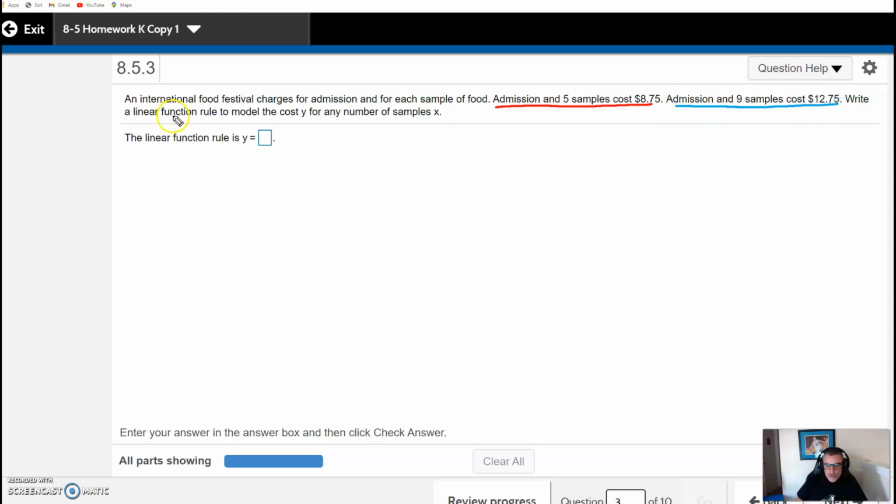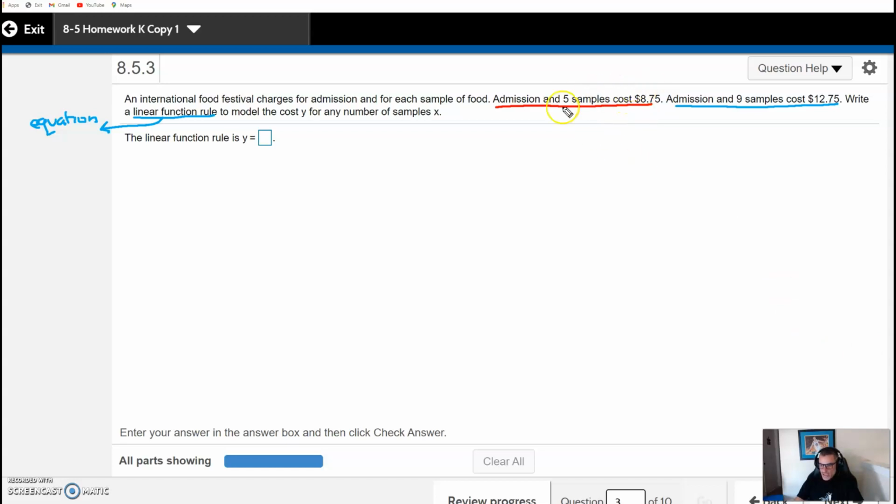Write a linear function rule. Remember, that just means equation. To model the cost y for any number of samples x. Okay, so we have to look at these 2 pieces of information here and say, all right, so admission in 5 samples costs $8.75.